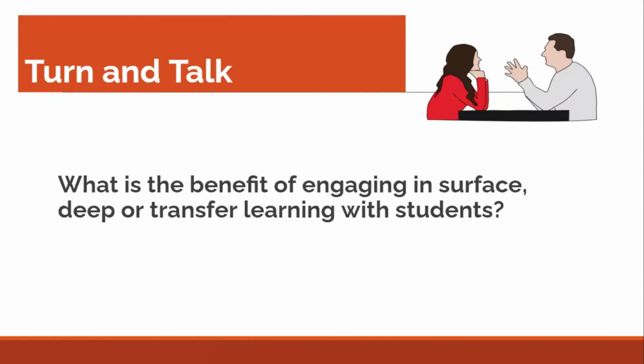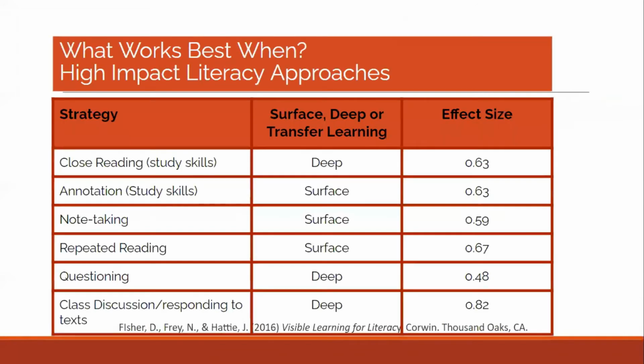This requires teachers to understand and consider the levels of learning to expect from their students. It also requires careful planning so students encounter situations that foster the transfer and generalization of their learning to new tasks and problems. Transfer learning is the ultimate goal. To accomplish it, you must go through surface and deep learning.